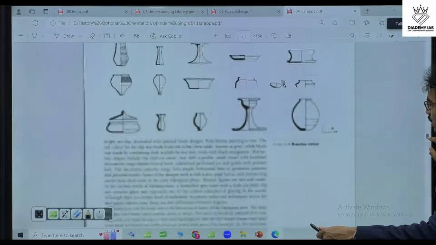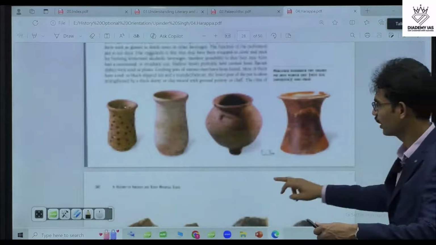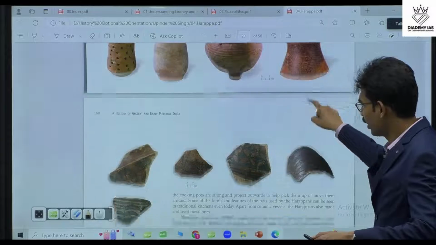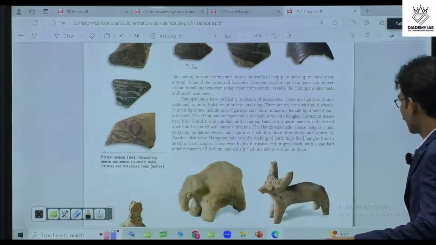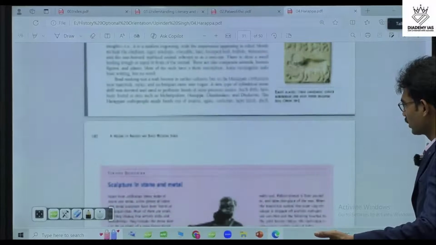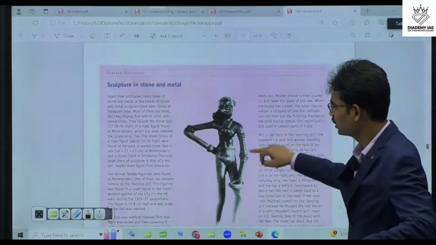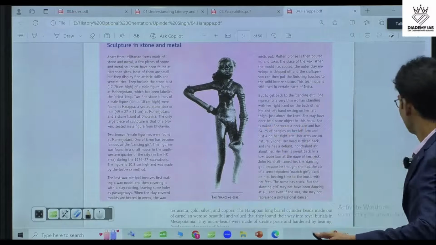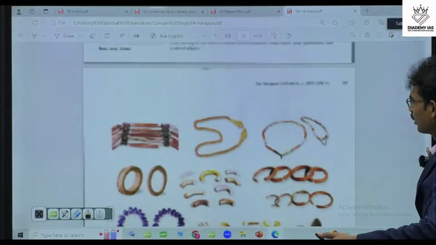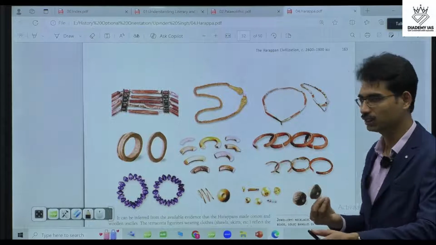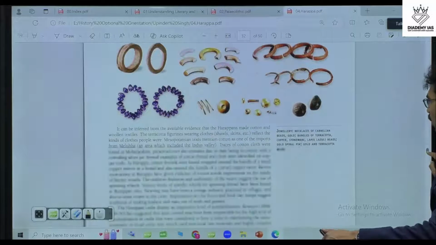Then various pottery styles, you can clearly see the pottery of Indus Valley people and what we can learn from that, different terracotta images, artisan, these are all artisan activities, different seals and bronze dancing girl. The bronze metallurgy works are also very much progressive, and now various jewelry, bead industry, you can see various ornaments.